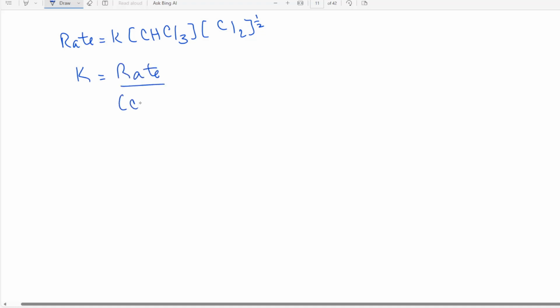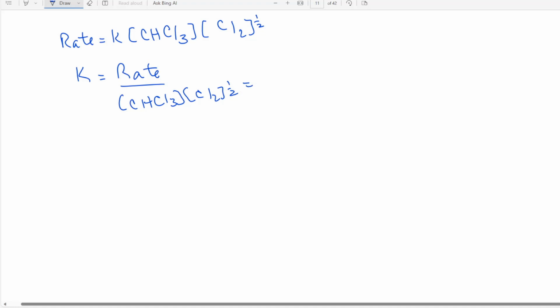Part B for this practice problem asks us to solve for K. So let's take the rate equation we just derived, where the rate is equal to K times the concentration of CHCl3 times the concentration of Cl2 to the 1/2. Okay, and so let's solve for K. So that gives us K is equal to the rate over CHCl3 times Cl2 to the 1/2.